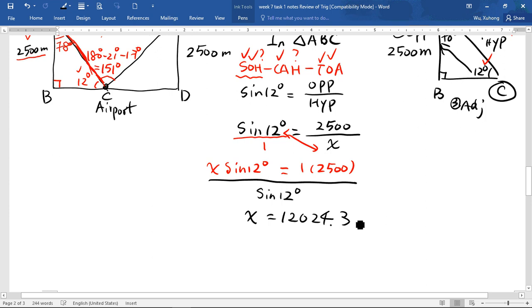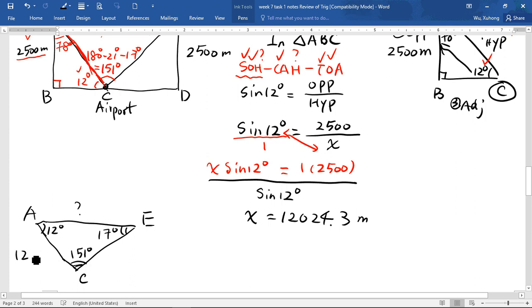Okay, and after that we are going to use our next triangle, this one, to find the unknown side. This is A, this is C, D, E, so this is 12 degrees, this is 17 degrees, this is 151 degrees. And this side we know, 12,024.3, so we use the other one as unknown.